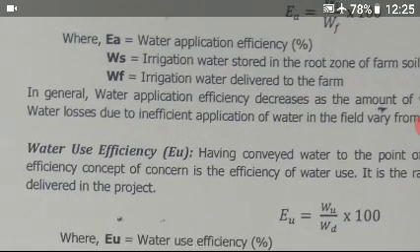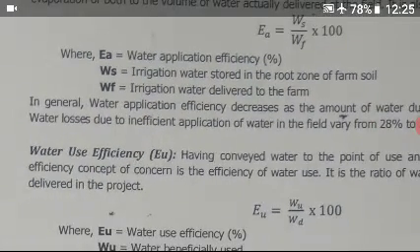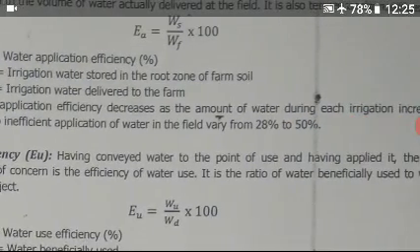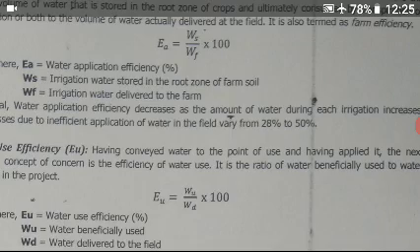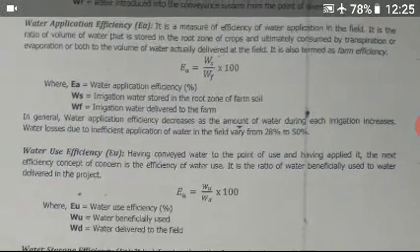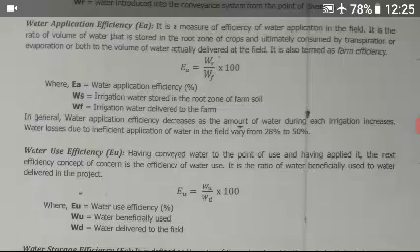In general, water application efficiency decreases as the amount of water during each irrigation increases. Water losses due to inefficient application of water in the field vary from 28% to 50%.